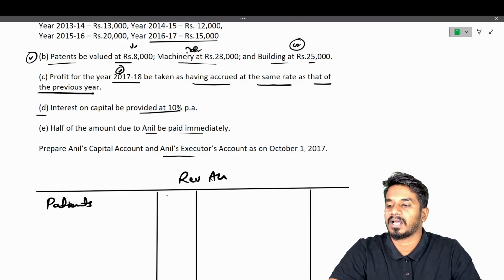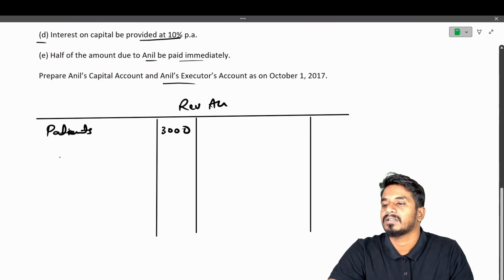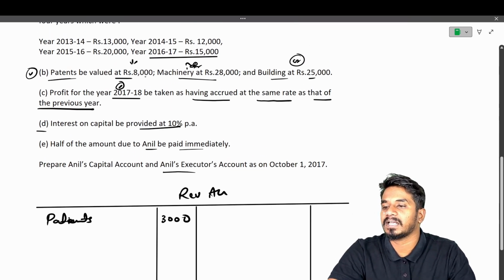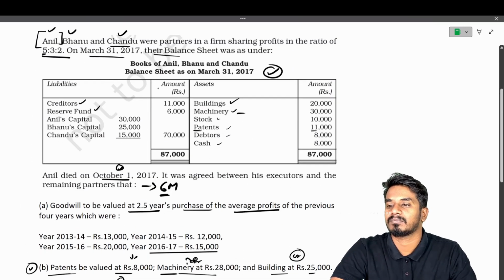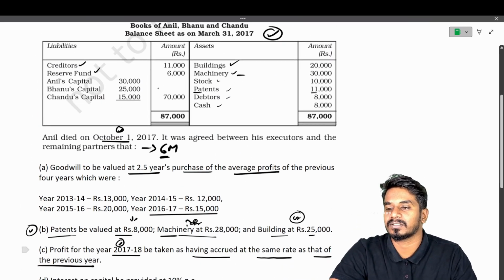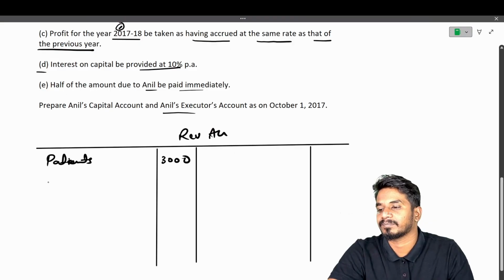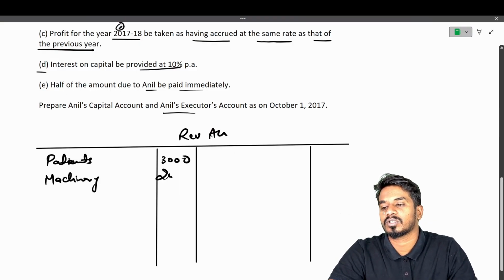Then what is there? Machinery is 28,000, but in the balance sheet it is 30,000. 2,000 rupees decreased.